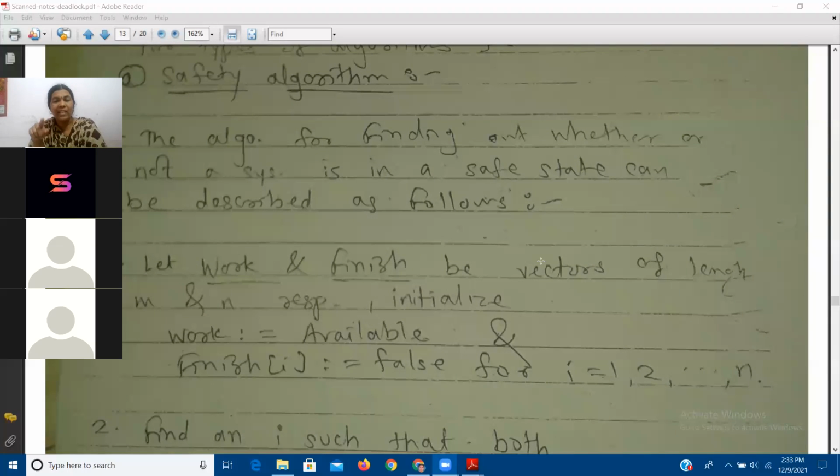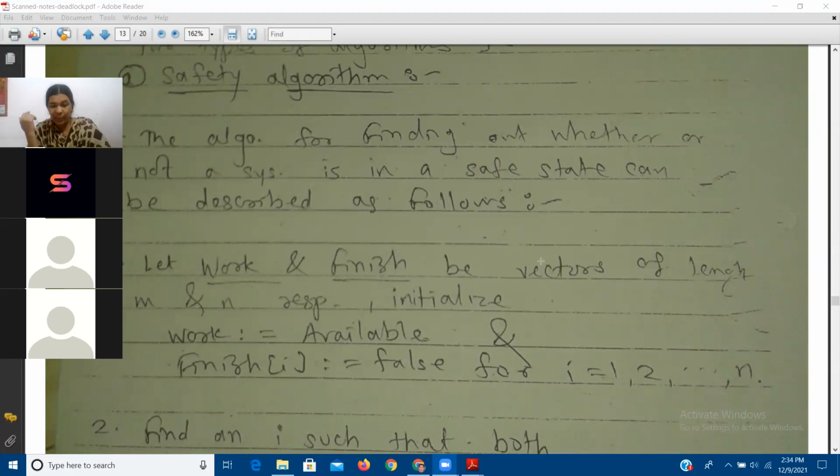And finish of i is equal to false. This finish of i indicates that i is nothing but the process. So finish of i is equal to false for i is equal to 1 to n. Initially, before the system starts, each and every process is not finished, right?